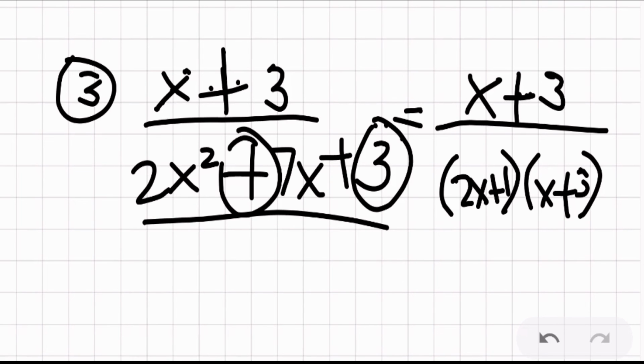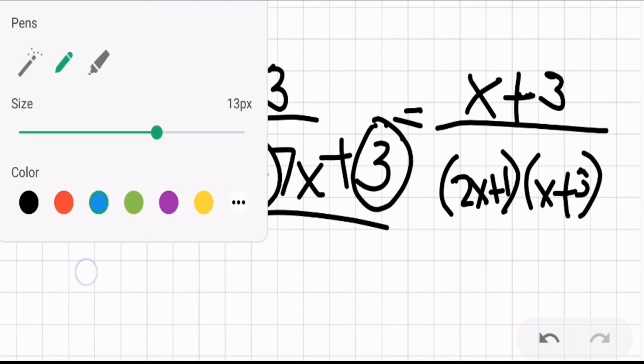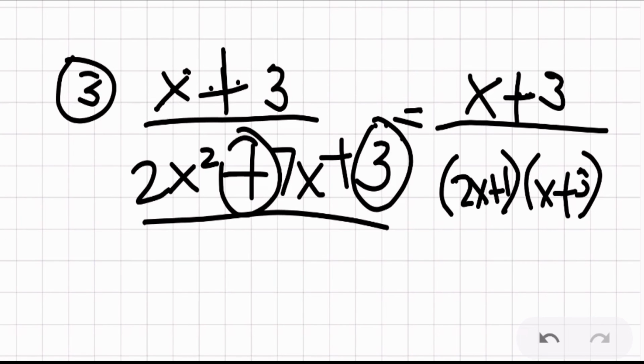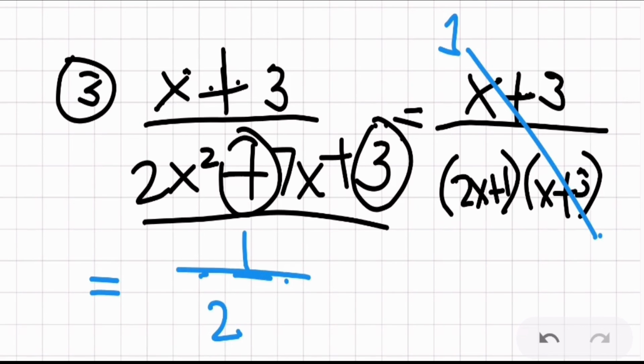You may pause for a while to check if that is correct. After that, you can notice that we have a common factor in the numerator and denominator, which is x plus 3. So we can cancel it out, and that will give us 1. Therefore, our final answer will be 1 over 2x plus 1.